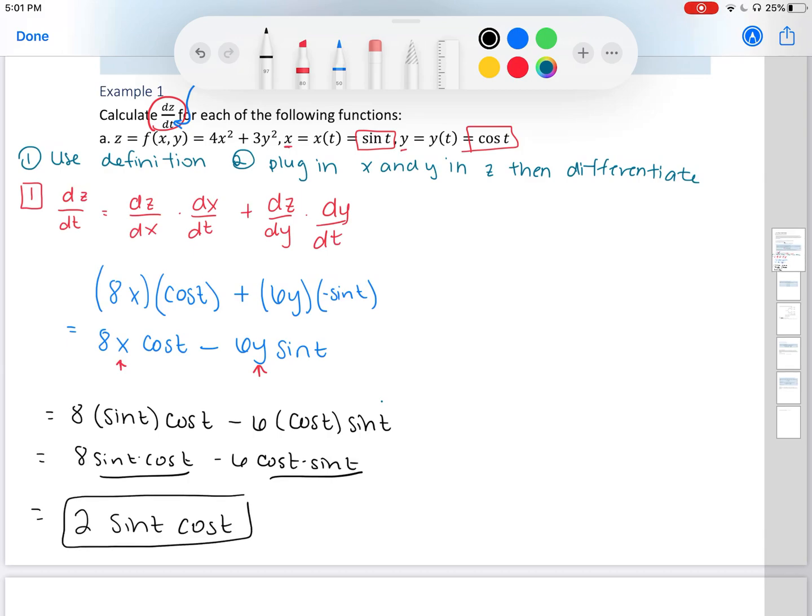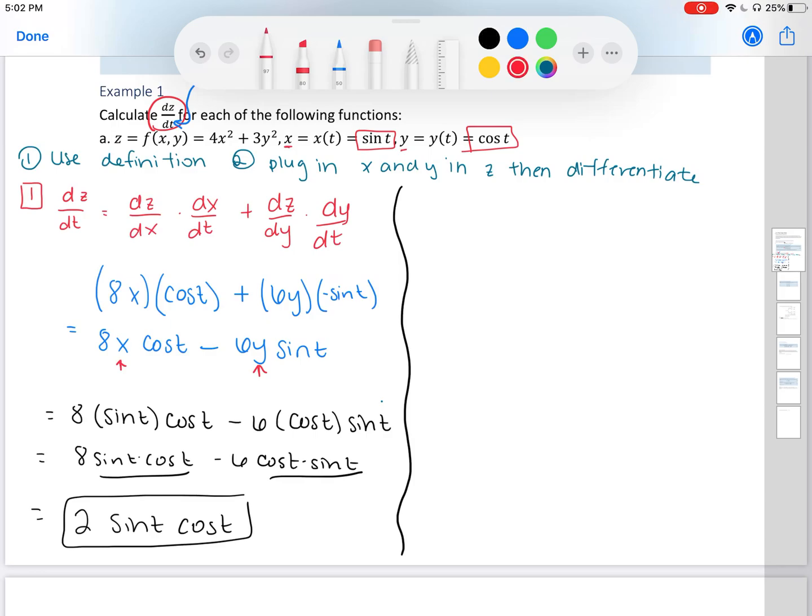Not so bad, right? This is our first way, by using our derivative definition of the chain rule. The second way to think about it is to plug in your x and your y initially and then take the derivative, which will involve the chain rule, but you're using the chain rule more in a single variable sense.